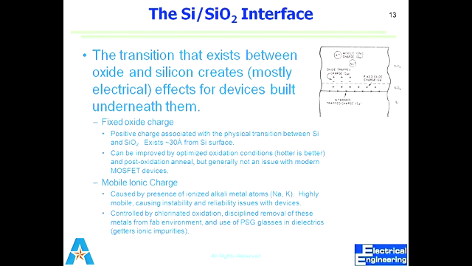Now we talk about the silicon dioxide interface. As I told you initially, today we are talking about the thermal growth of the oxide layer. Silicon dioxide can be deposited as well, but we are not talking about that today. Thermal growth means that we need a silicon surface, so this is a silicon substrate.